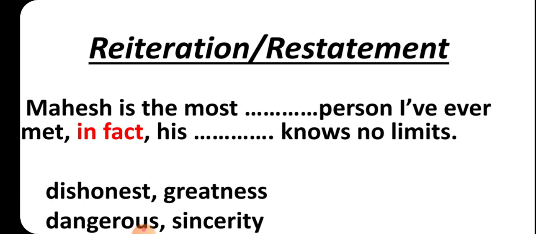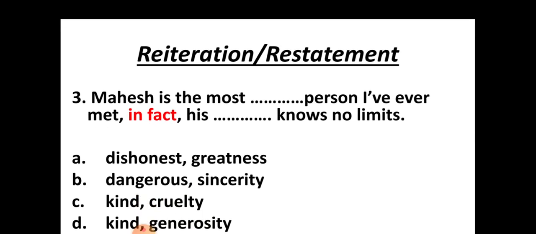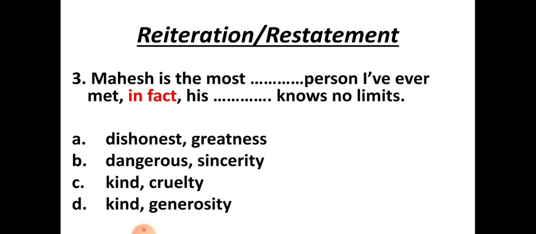It will be followed by a positive thing because I am restating the same idea. That is what is meant by reiteration: repeating the same idea or the same point. If you speak about a positive, that will be followed by a positive. If you speak about a negative idea, that will be followed by a negative thought or opinion.